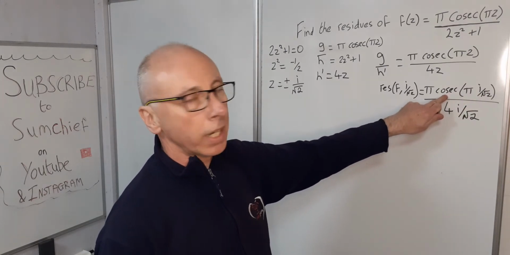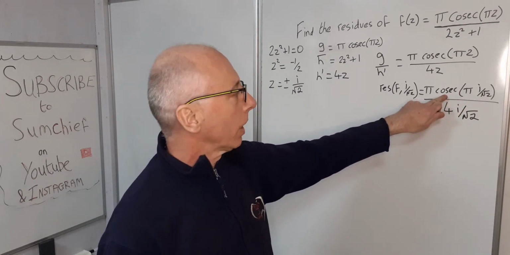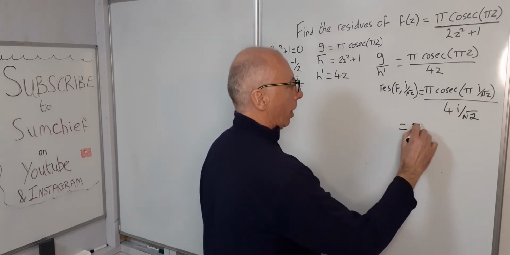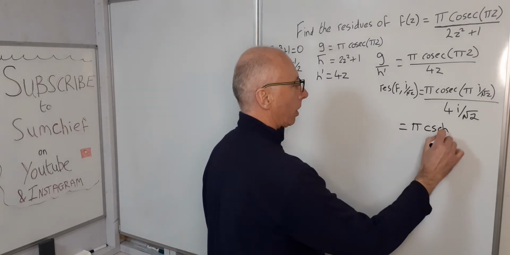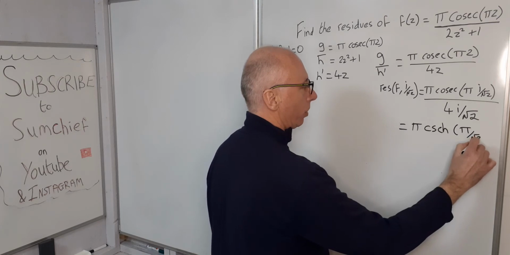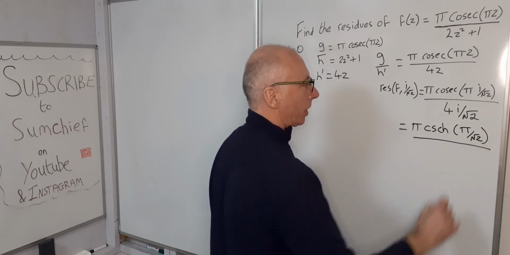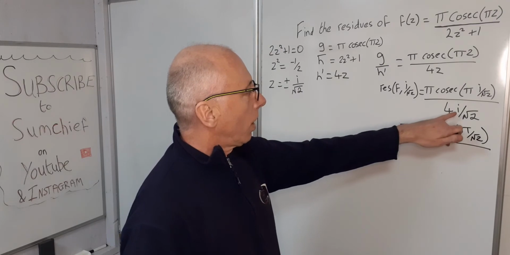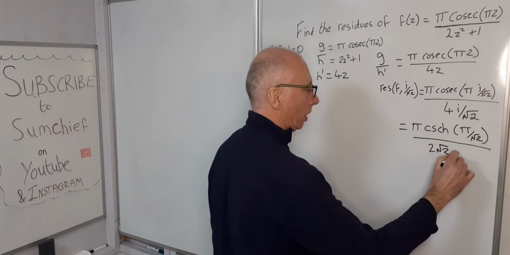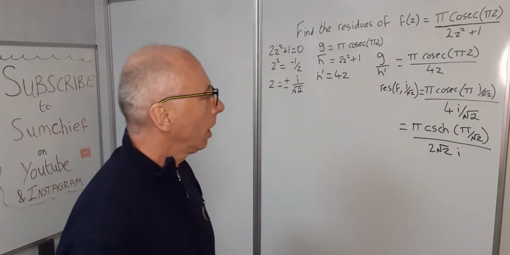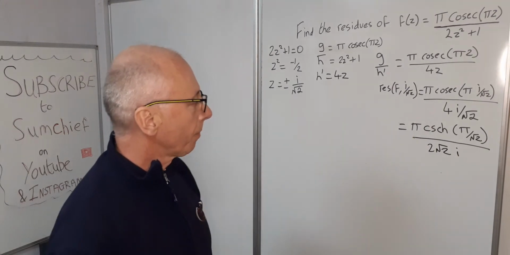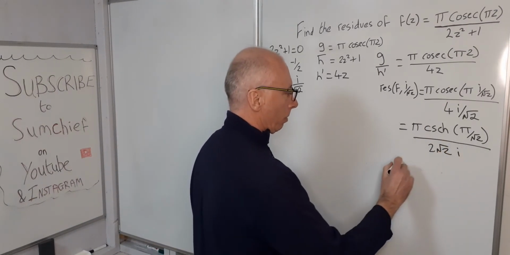We've got to change this cosec and put that into the hyperbolic cosec. So let's just go with that now. So that now equals pi hyperbolic cosec, and now it's just pi over root 2, divided by 4i over root 2. So that becomes 2 root 2 i. Okay, let's see if we can get the i on the top. So 1 over i becomes minus i.